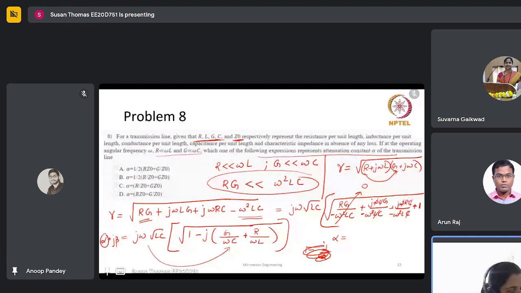Okay, just a moment. So this expression is like root of 1 minus x. You know that root of 1 minus x is nothing but 1 minus x the whole raised to 1 by 2. So using binomial expansion, and neglecting the higher order terms, this becomes 1 minus x by 2.